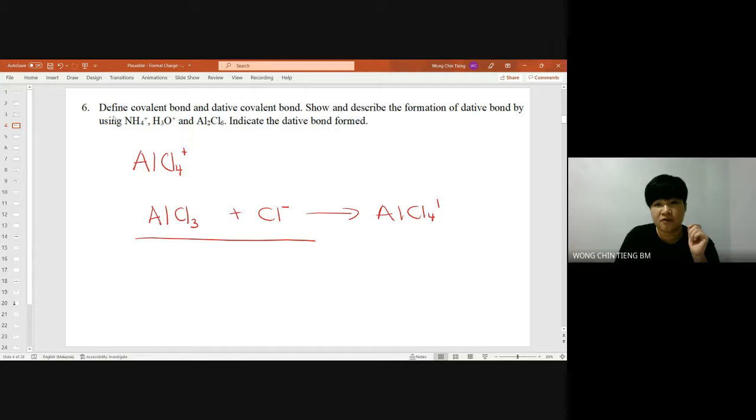AlCl4 minus. Sorry. Alright, you can go and try to figure this out. Yang lain saya rasa yang seperti yang kita bincang lah antara yang favorite. So no worry so much about dative bond. Okay? Don't worry so much.